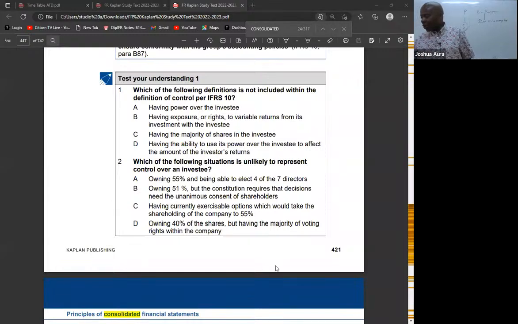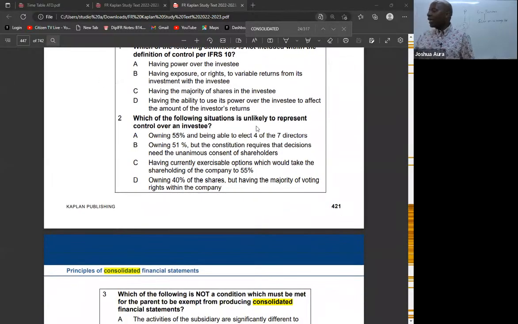So let's go to number 2 now. Which of the following situations is unlikely to represent control over an investee? A, owning 55% and being able to elect 4 of the 7 directors.